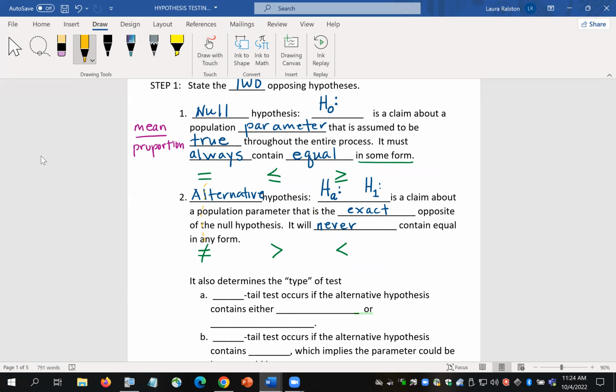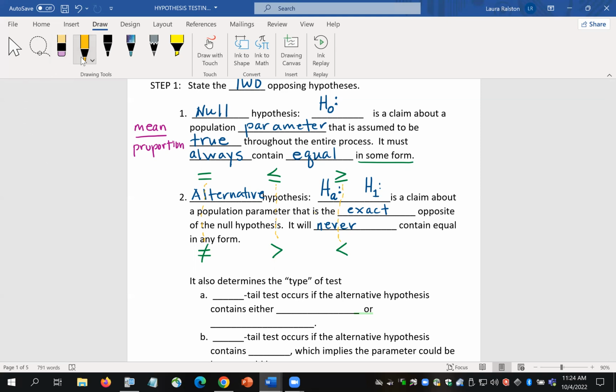You pair less than or equal with greater than, and you pair greater than or equal to with less than, because they are opposing, they're opposites of each other. So they're always paired together in that manner. Equal is always paired with not equal. Less than or equal is paired with greater than. And greater than or equal to is always paired with less than.